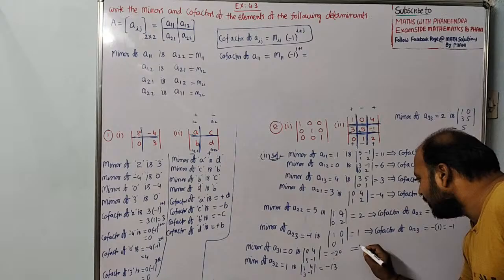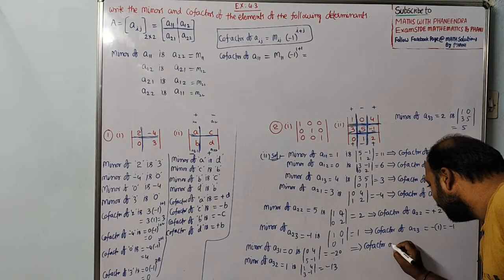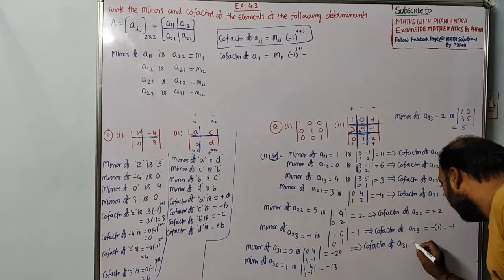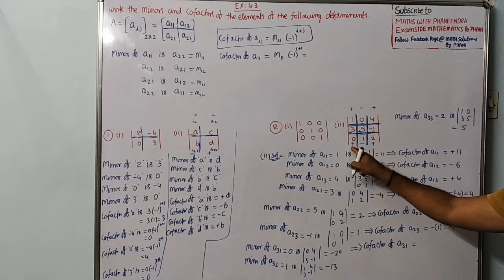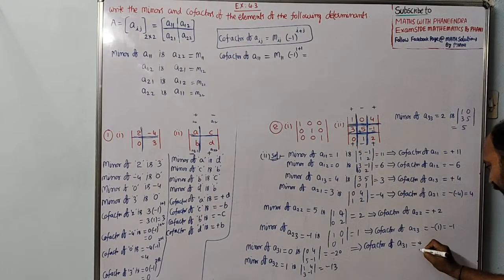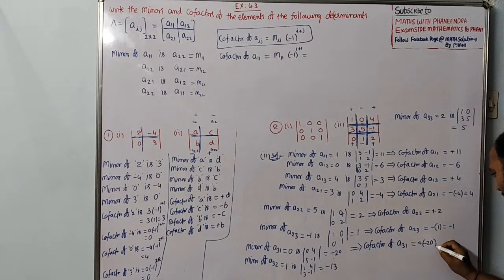Next, cofactor of A31, which means third row, first column. It's positive, so plus, and the minor is minus 20, so minus 20 is our cofactor here.